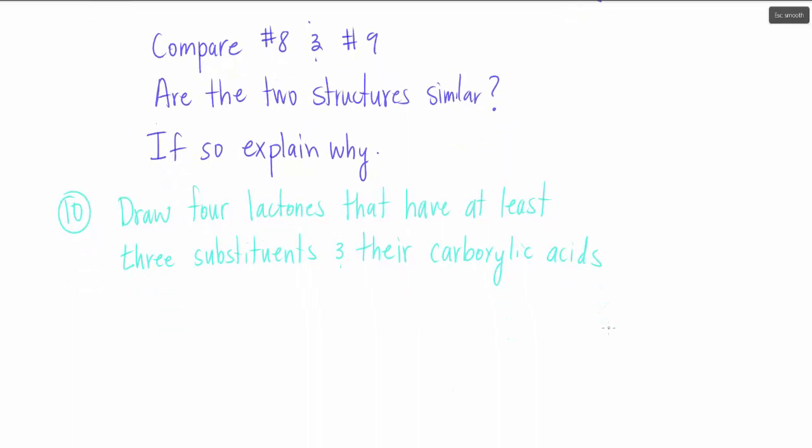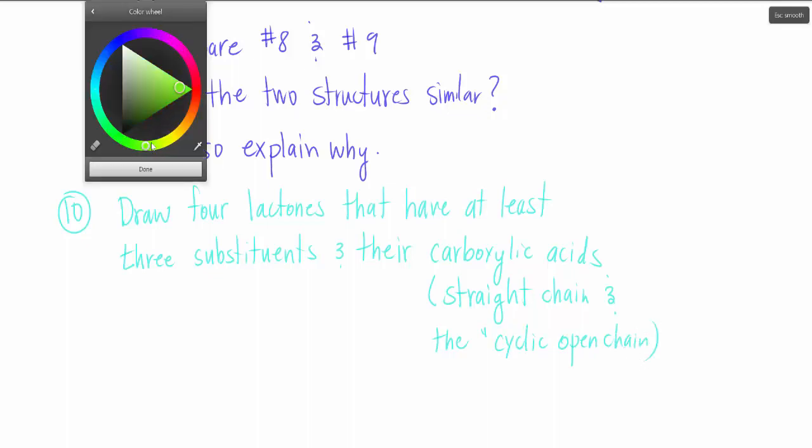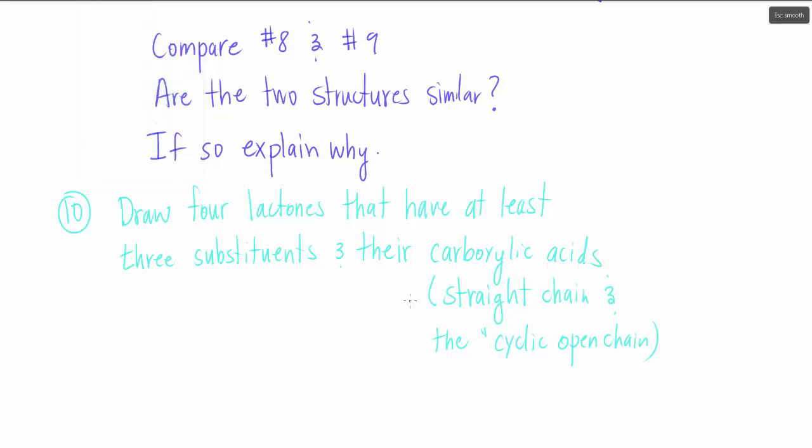And when you draw the carboxylic acids, I want the straight chain and what I call the cyclic open chain. So your straight chain would be something like this.